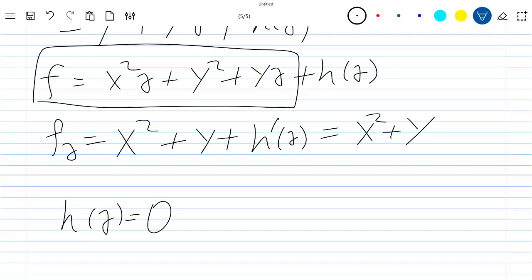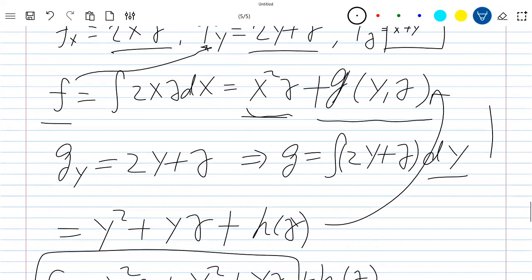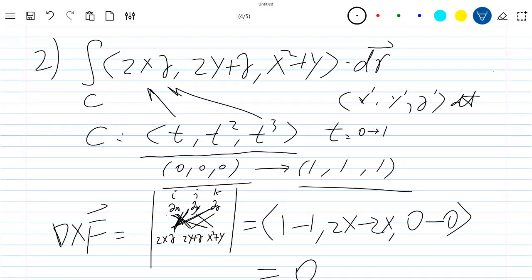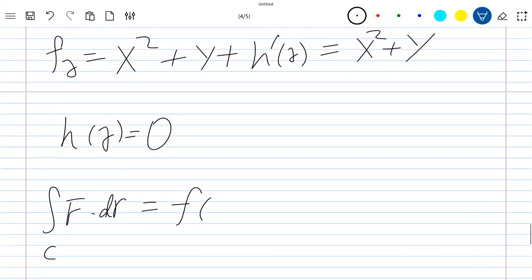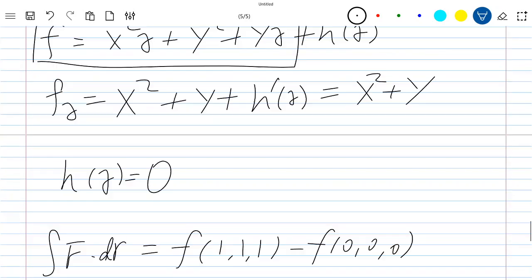And once you know f, it's really easy, because the integral is just equal to f at the end minus f at the start. The end is 1, 1, 1, and the start is 0, 0, 0. So f(1, 1, 1) minus f(0, 0, 0). What is f(1, 1, 1)?